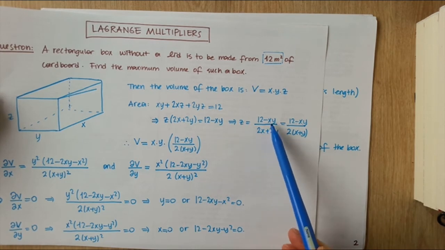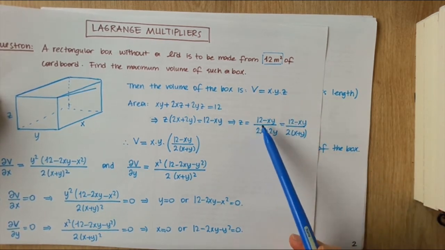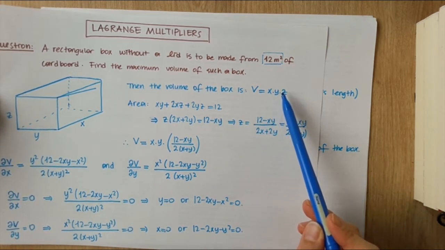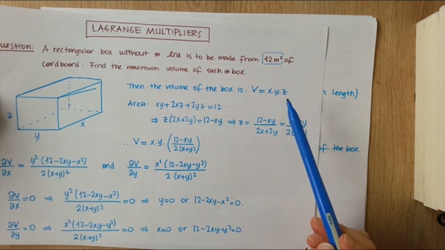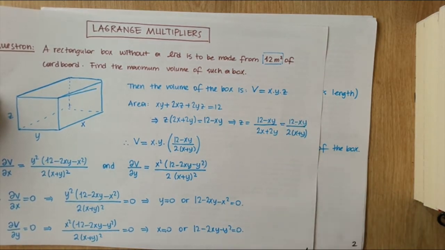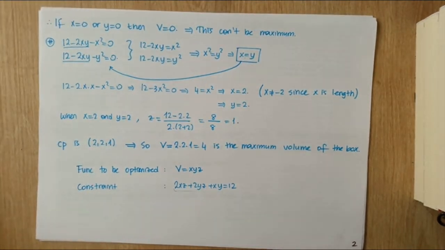We solved in terms of x and y, then we could substitute it. But if you can't obtain a function of two variables, you need another method, and we will call this method Lagrange multipliers.